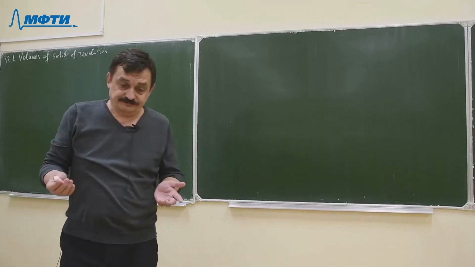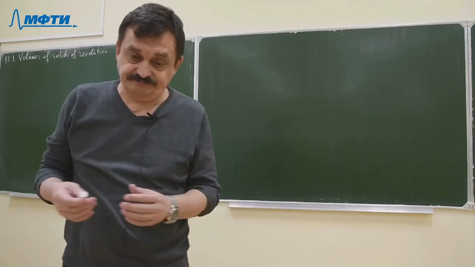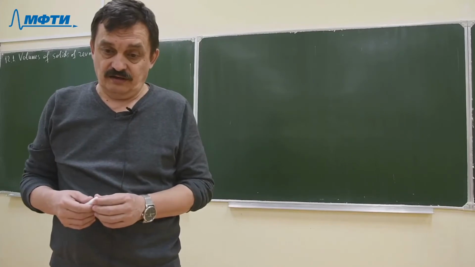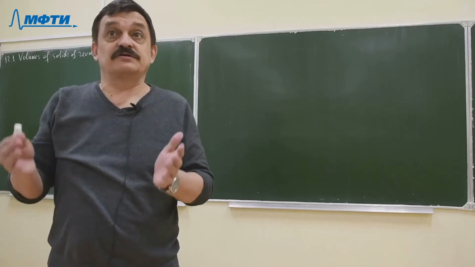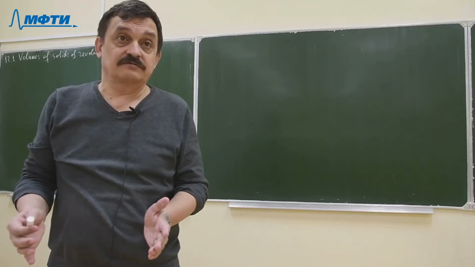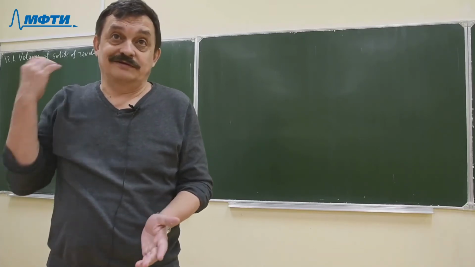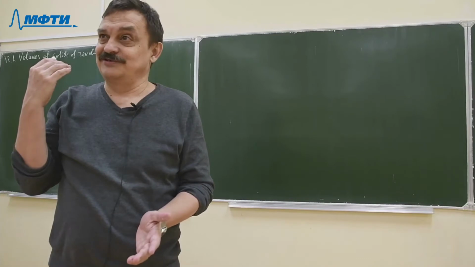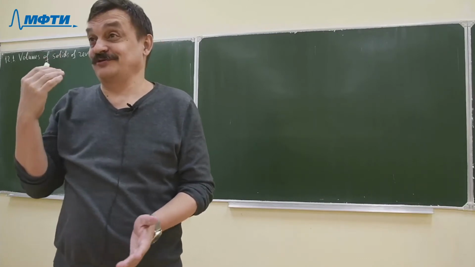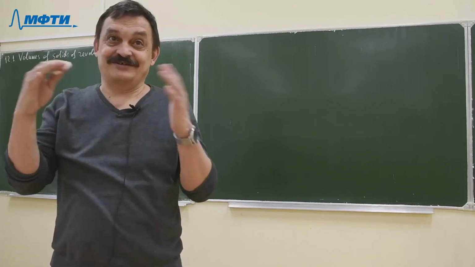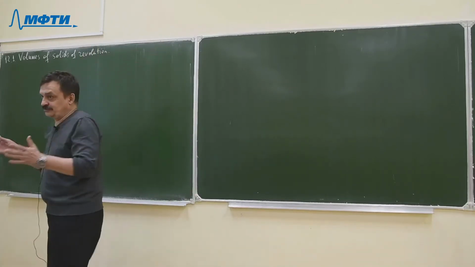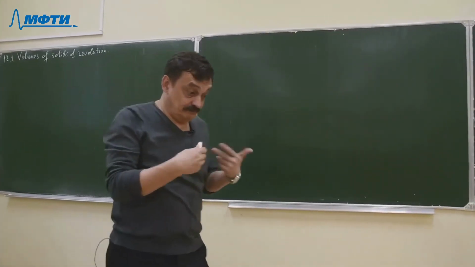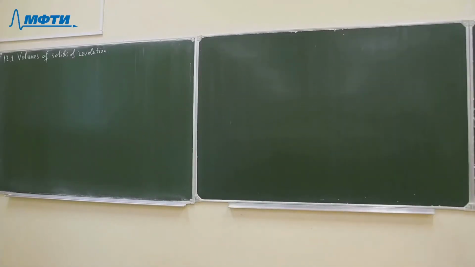Because our course is univariate calculus, right? And solids of revolution are three-dimensional objects, right? But I don't want to go deeply inside multivariate things now.